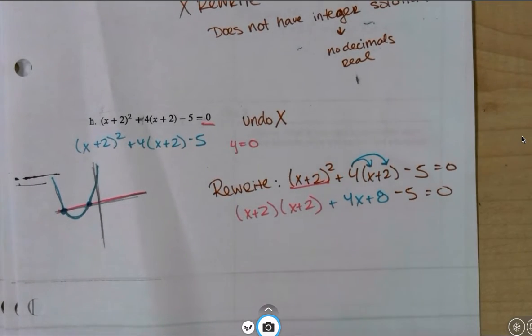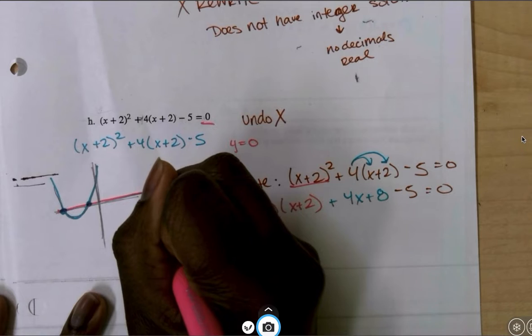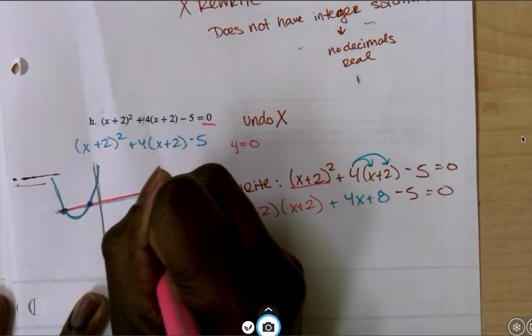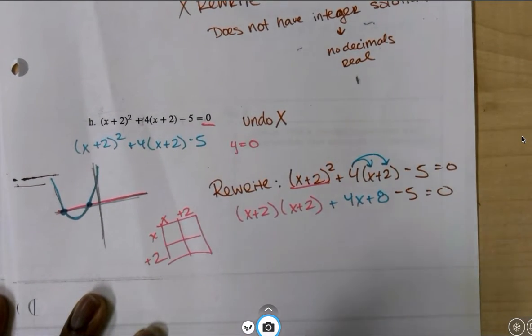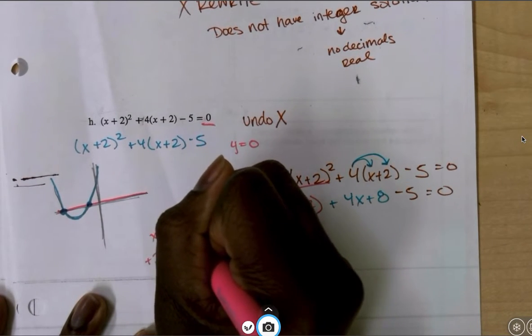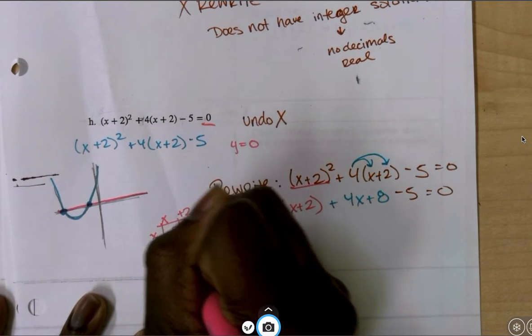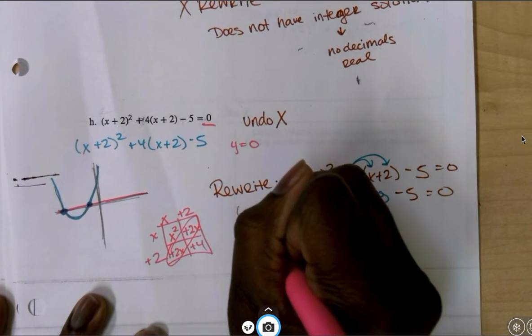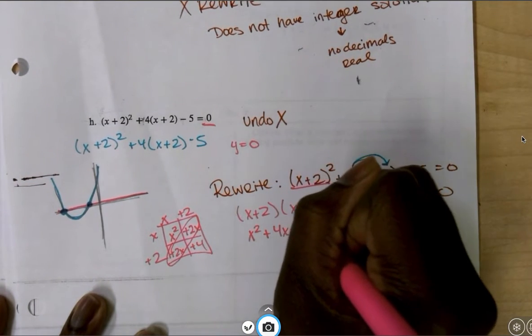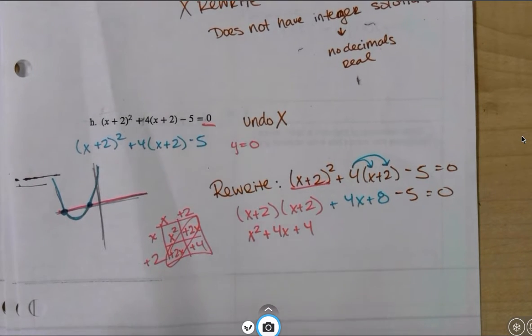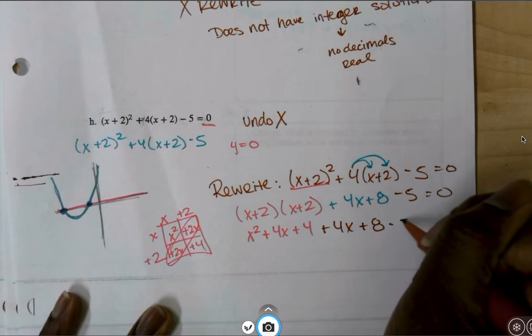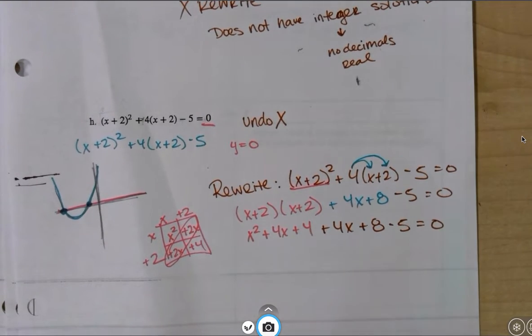So on the side, I'm going to multiply x plus 2 times x plus 2. So I have x squared plus 2x plus 2x plus 4. Remember, we need to combine these terms here. So I have x squared plus 4x plus 4. And I'm going to write everything else out since I already did that part. Now we need to combine like terms.